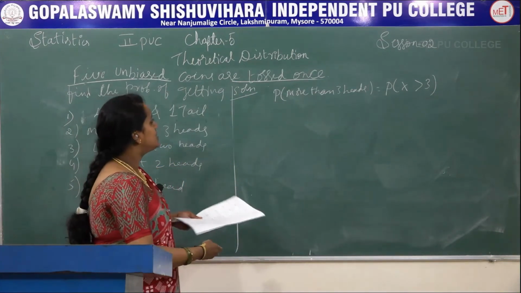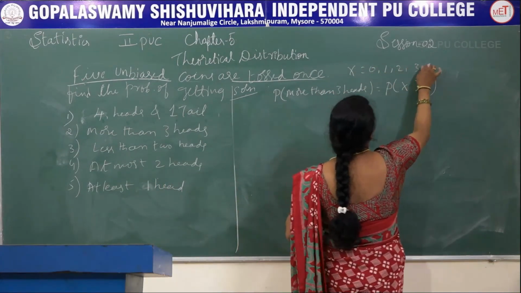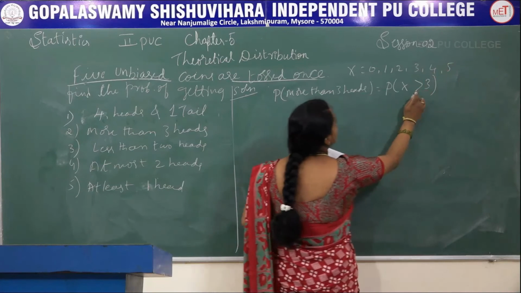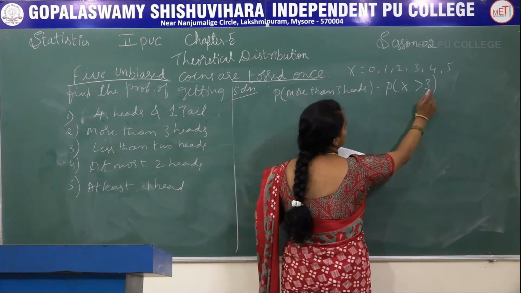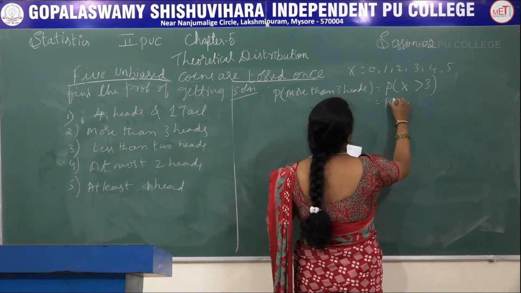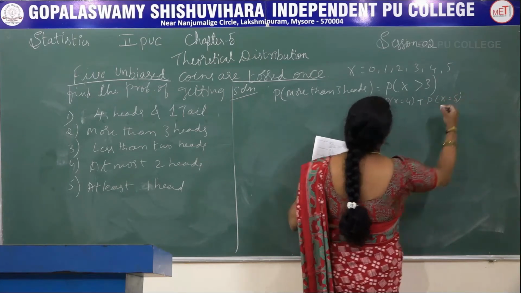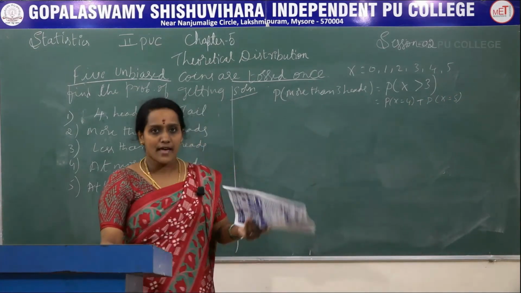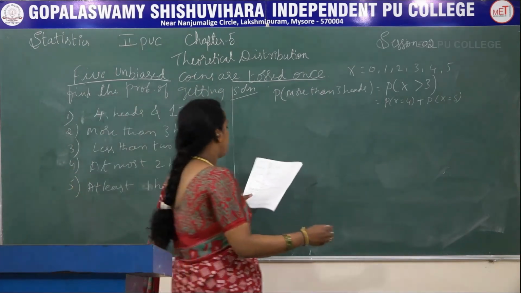In x we have 0, 1, 2, 3, 4, 5, so greater than 3 means it should be 4 and 5. This is P of x equals 4 plus P of x equals 5. Since this is greater than 3, we need P of x equals 4 and P of x equals 5.